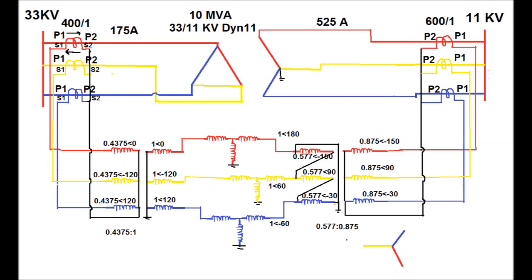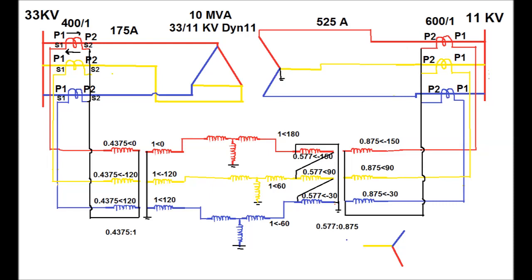Similarly, for yellow phase it is 0.875 at an angle of 90 degree, and for blue phase it is 0.875 at an angle of minus 30 degree. Now ICT ratio is 0.875 is to 0.577. The phase current in the delta side shall be 0.577 at an angle minus 150 degree for red, 90 degree for yellow, and minus 30 degree for blue.